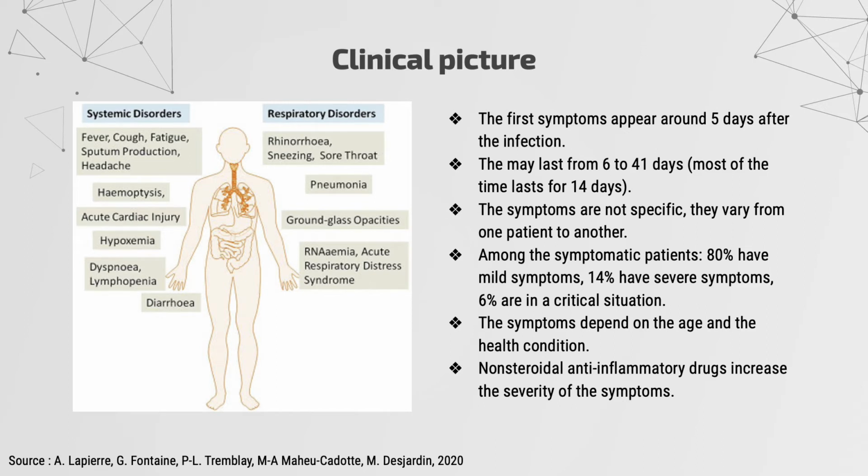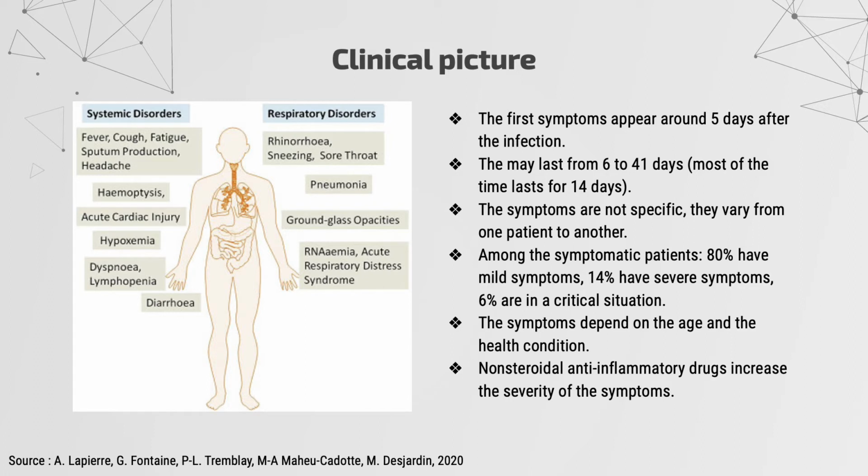Elaborating further in the clinical picture, we can observe how there are systemic disorders and respiratory disorders, all of which appear and can be characterized in different time frames. We can see how the first symptoms can appear around 5 days after the infection, and then they can last from a week to even over a month.